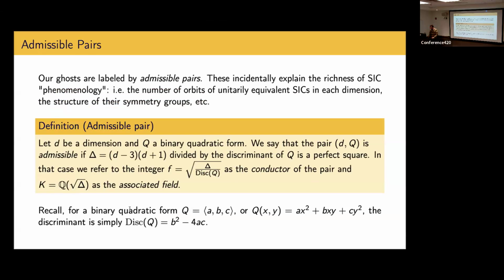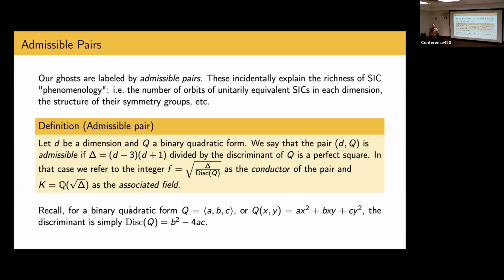So we can construct these ghosts conditionally, and they come with labels. I'll say a little bit about what these labels are. We call these labels admissible pairs. This classification is wonderful because it feels like we finally understand this problem.